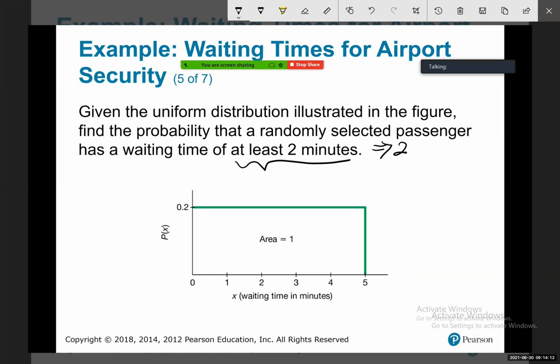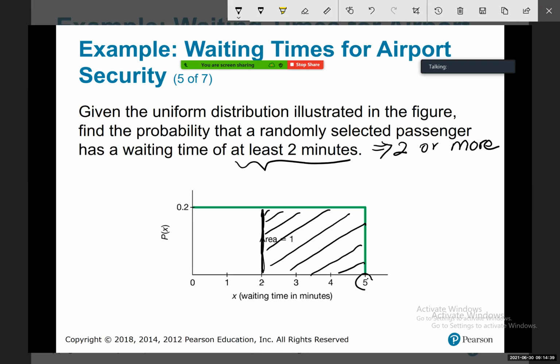Do you agree that means 2 or more? So it means 2 minutes or more, and the max is 5 minutes.